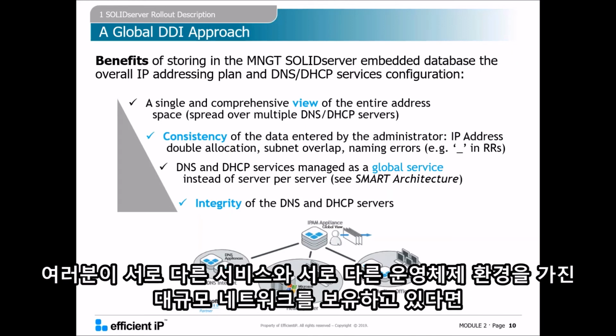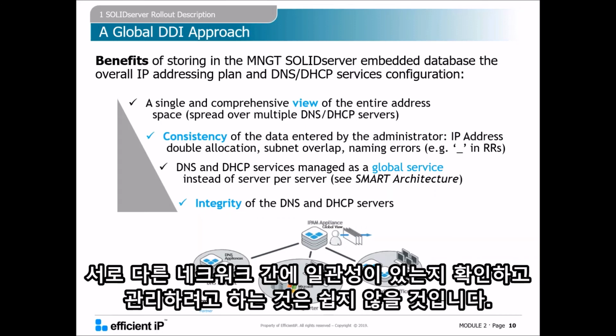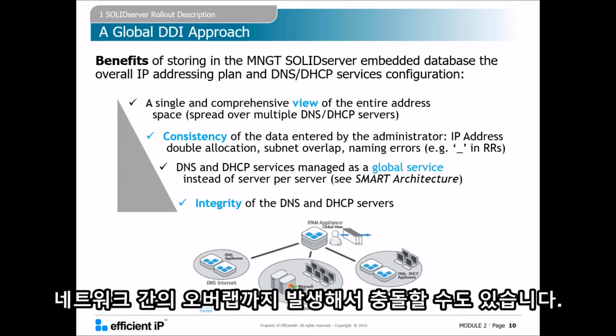When you have a huge network with different services and different operating systems in your environment, it is a problem trying to manage and make sure there's consistency between different networks, and whether there's a conflict in the networks, right? Subnet overlap and such.